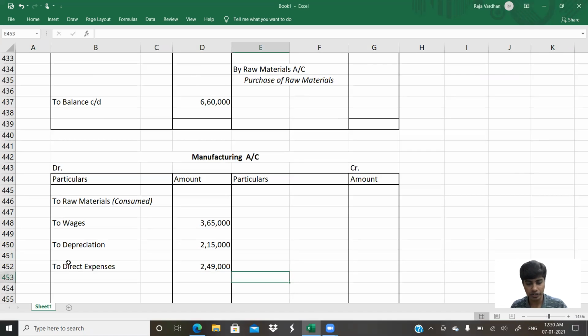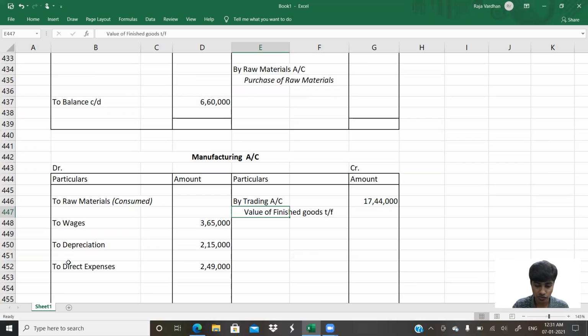Okay. By trading account 17,44,000. How much is it? 17,44,000. So this is the value of the finished goods transferred. Yeah, we transfer the finished goods from the factory to the godown. That is happening here.